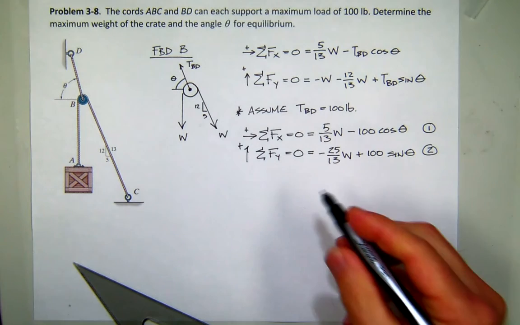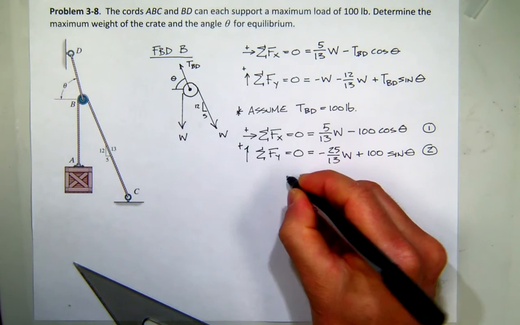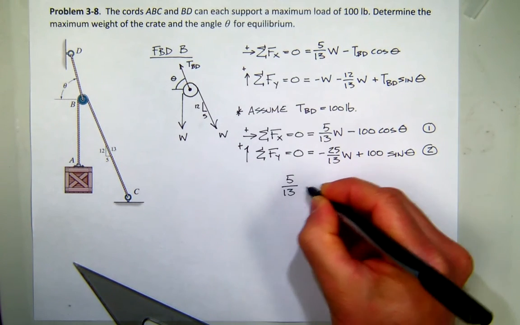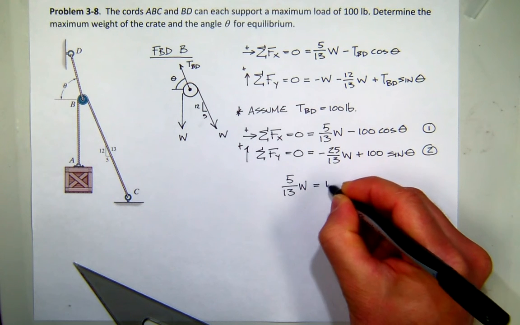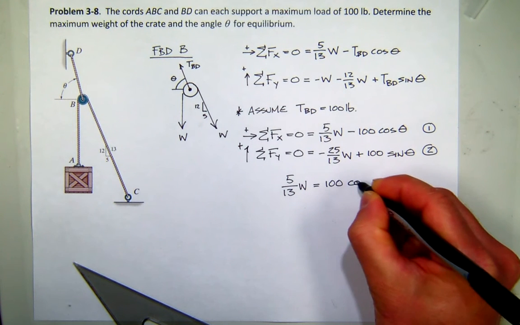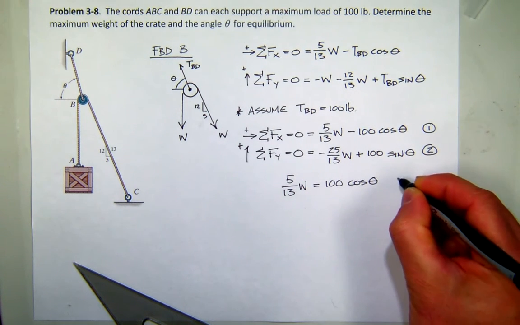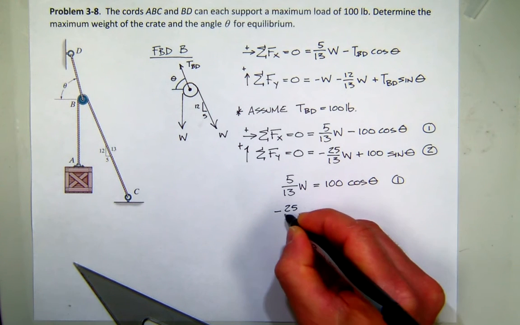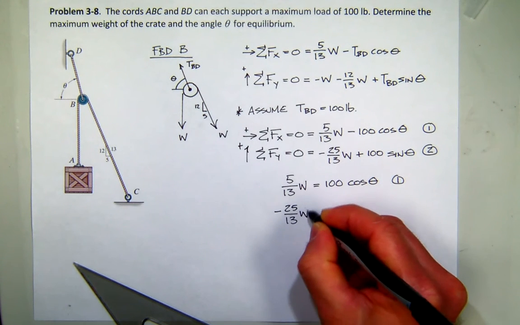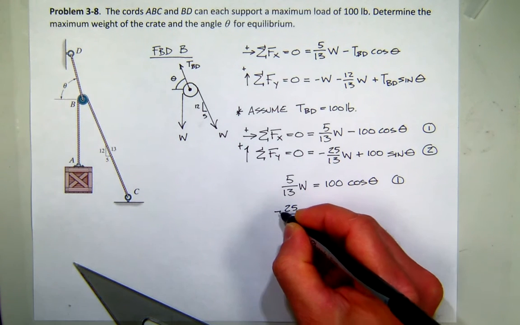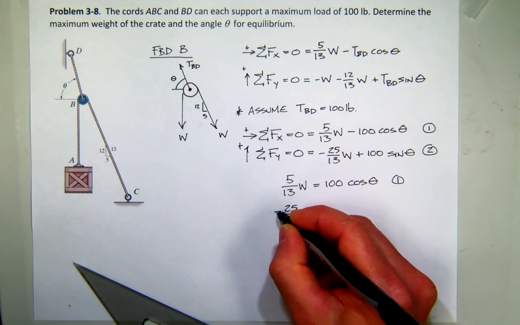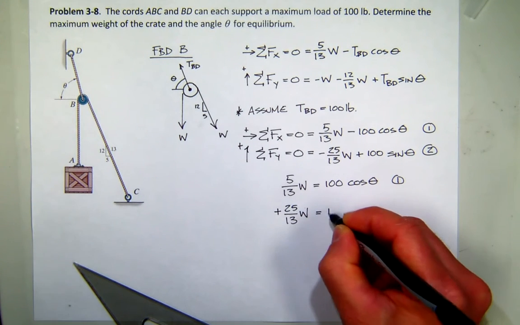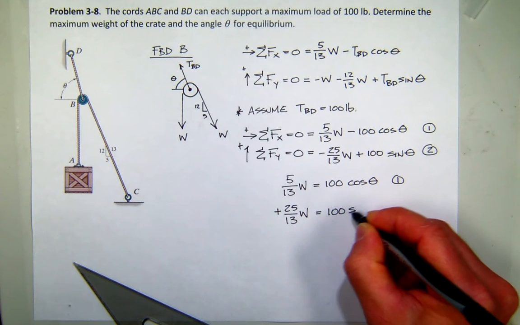Well, let's go ahead and rewrite them. So I'll do this. 5/13 W is equal to 100 cosine theta. That's equation 1. And then we've got our minus 25/13 W. Oops, put that to the other side. Positive is equal to 100 sine theta.